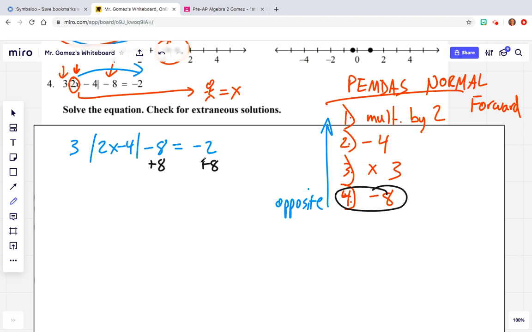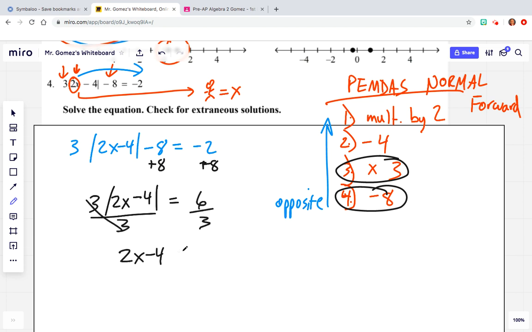That will get rid of this on this side. So you have 3 times the absolute value of 2x minus 4, and negative 2 plus 8 is 6. Next, instead of multiplying, we divide by 3, because there's a cancellation of 1. I'm left with the absolute value of 2x minus 4 is equal to 2.